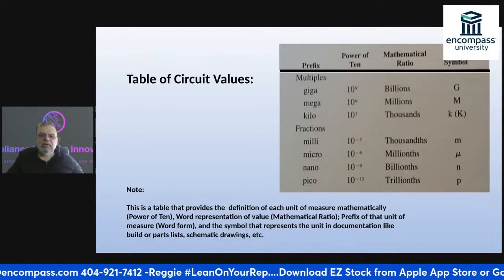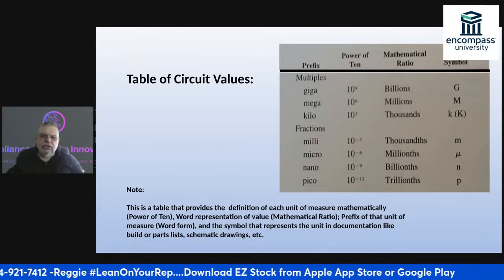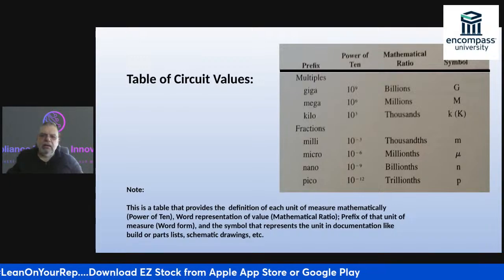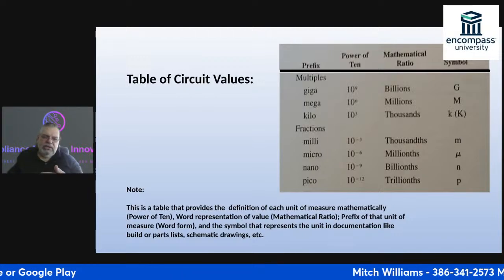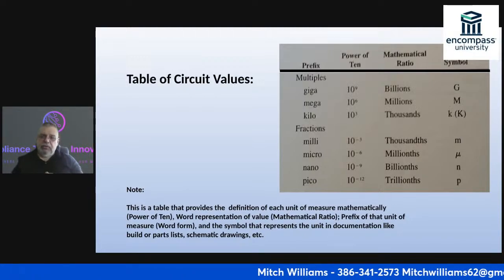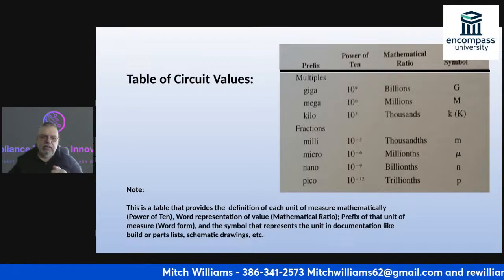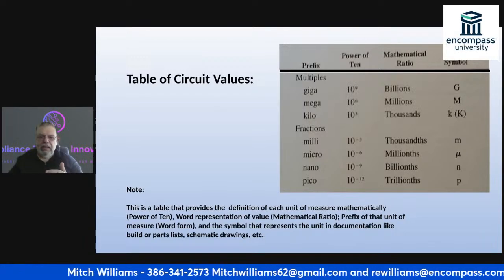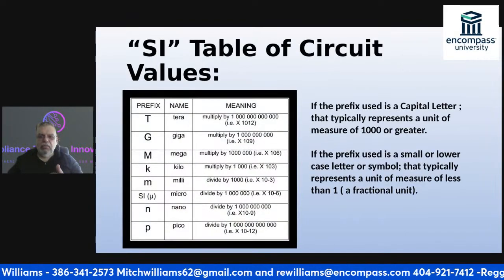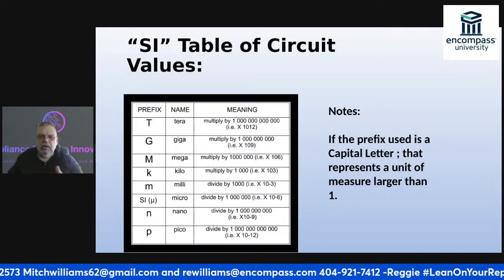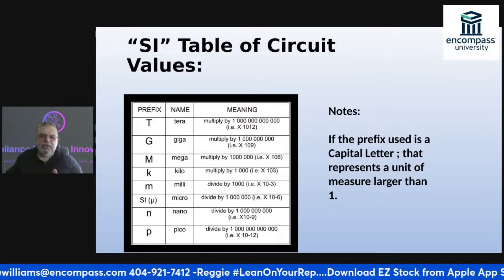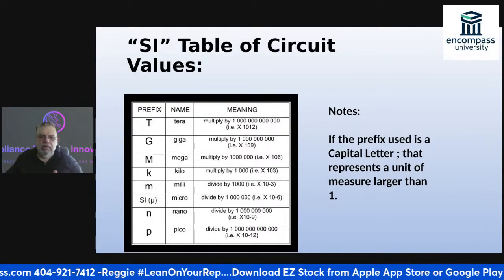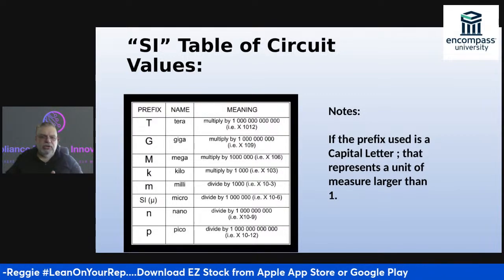Table of circuits. This right here shows you a gigabyte. A giga is 10 to the ninth power, and that's a mathematical ratio of billions. The symbol is a capital G. Remember, if the prefix uses a capital letter, that is a representation of a unit whose measure is larger than one.